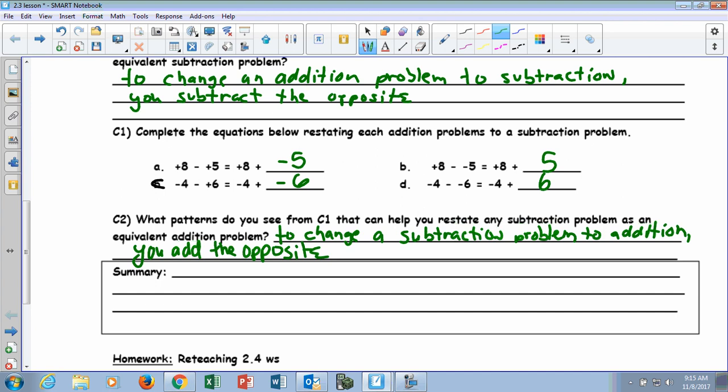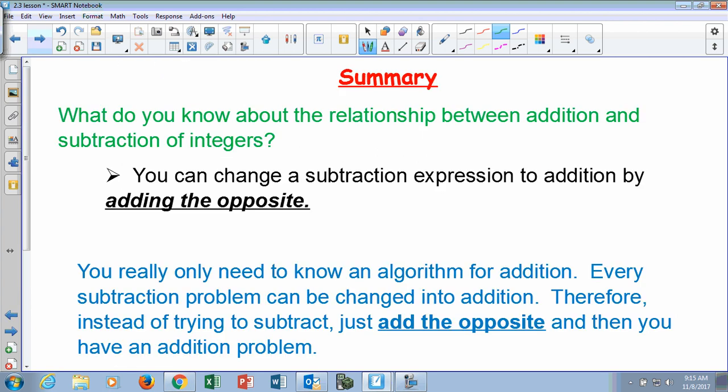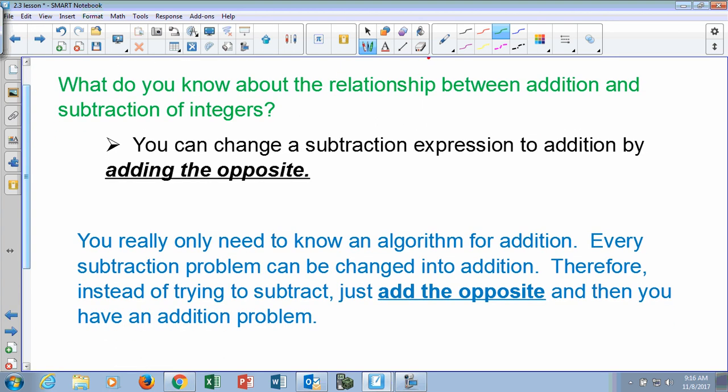All right, let's talk about the summary, because that's on the actual back page. And then I have a couple practice problems for you to do. It asks in the front, what do you know about the relationship between addition and subtraction of integers? You can change a subtraction expression to addition by adding the opposite, and vice versa.